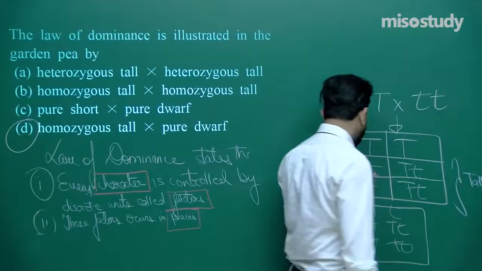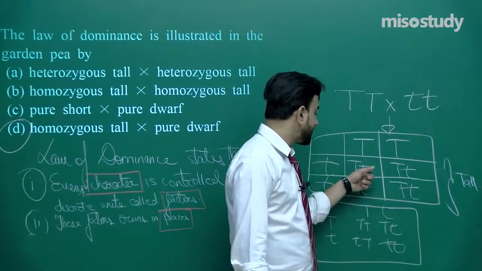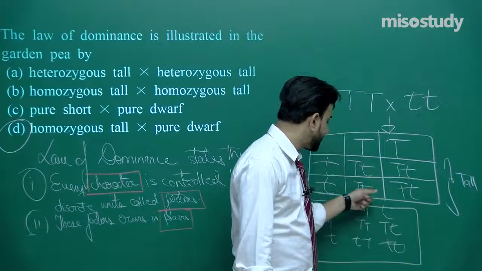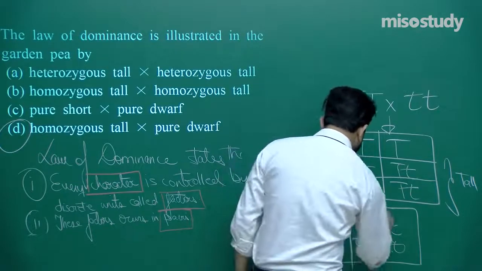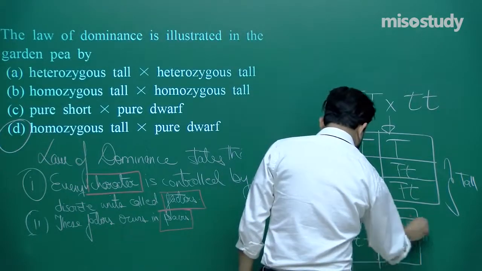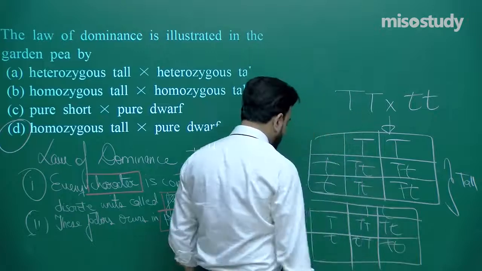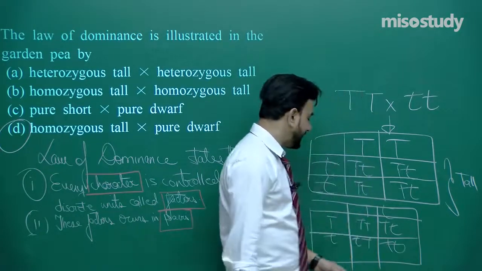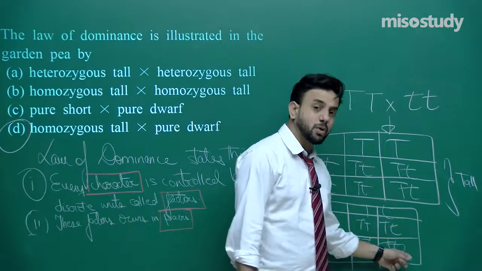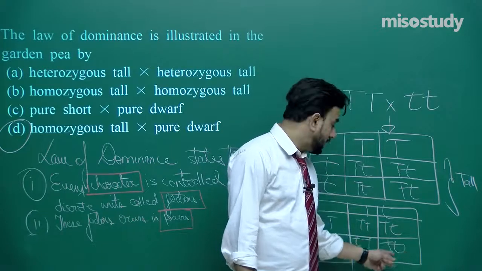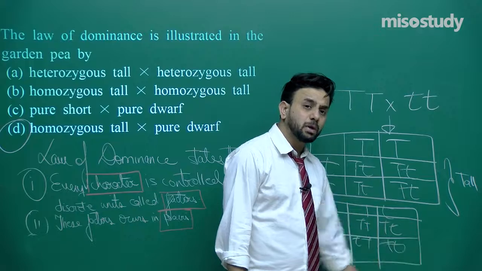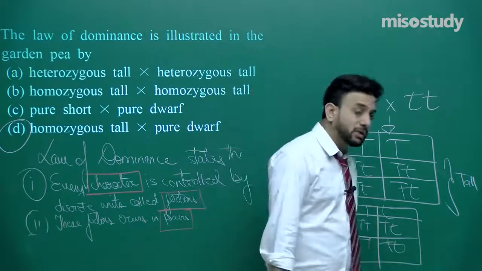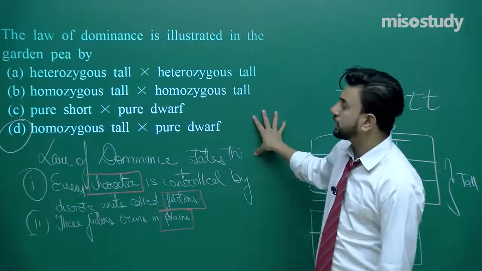One is expressing, the other is getting masked. This is recessive, this is dominant, recessive, dominant. Here also, what do we see? That all these are tall, but this one is small t, small t, so this will become the dwarf. Okay, so with this we have completed this question.